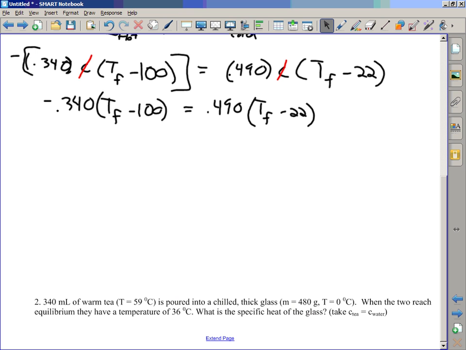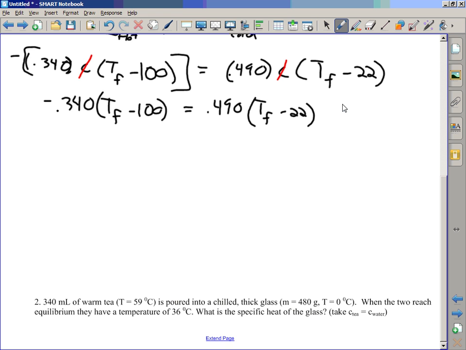So the negative out here, I stuck with 0.34. Let's just say I need to do the next algebraic step with somebody. Distribute. Good. It's going to work out to where this number is going to be lower than 100, and it's going to be higher than 22. We already had that idea in mind.